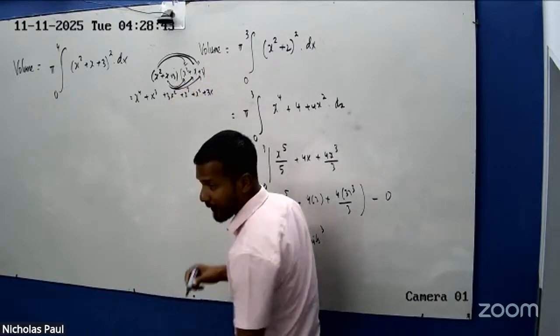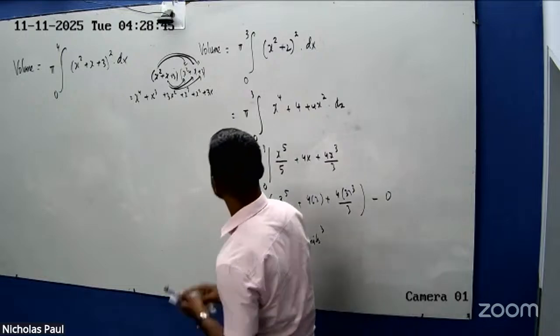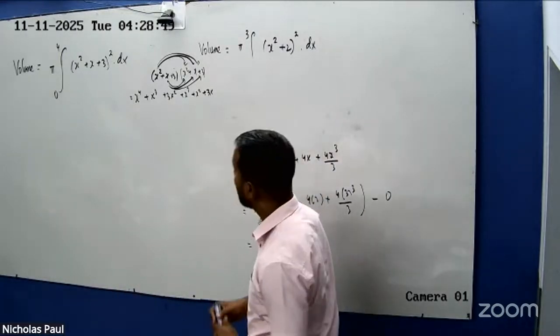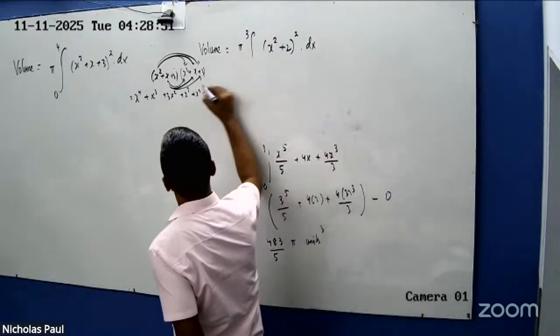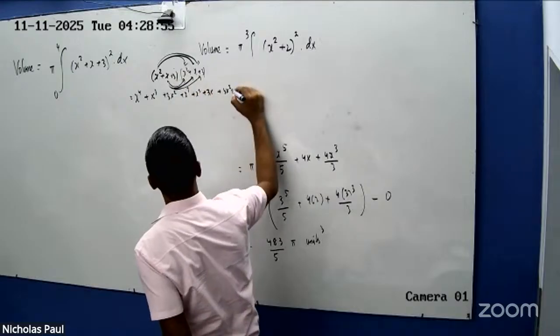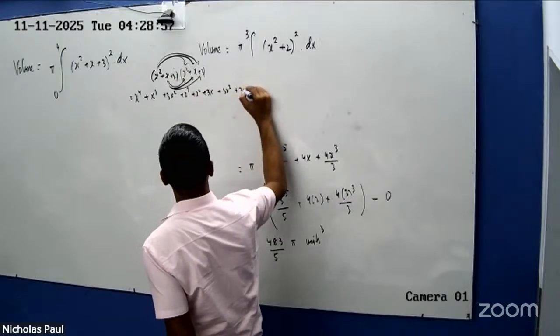And last thing, 3 by x squared, 3 by x, and 3 by 3.